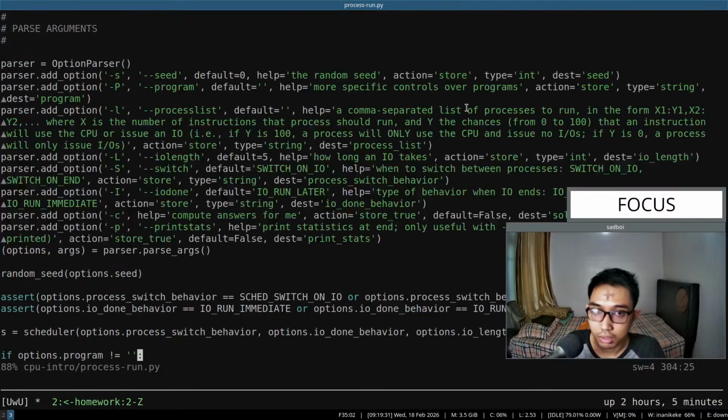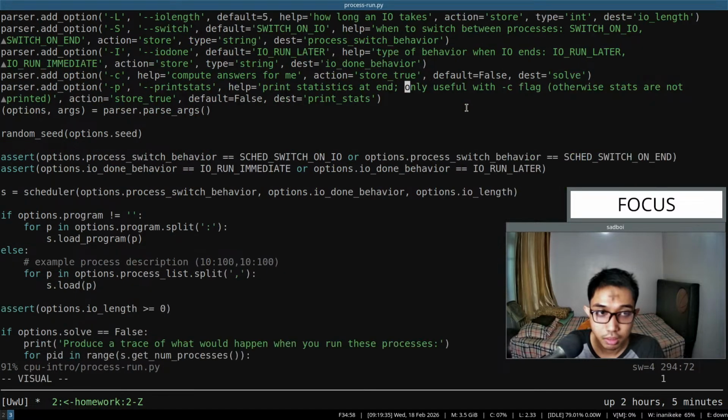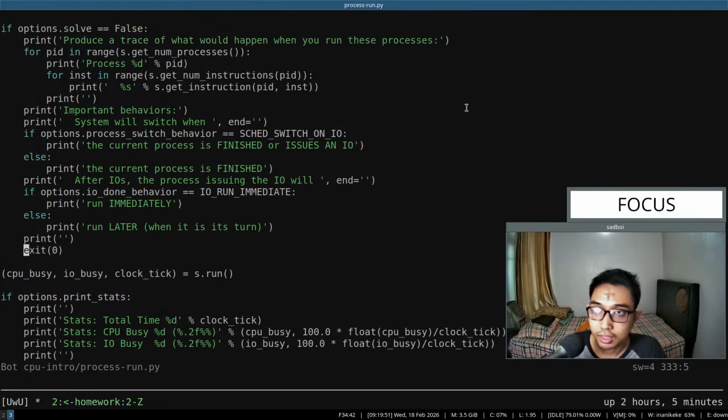So that's why we need to provide the C flag. My hypothesis, otherwise stats are not printed, right? Because we are skipping this in here. We already exit from the program.